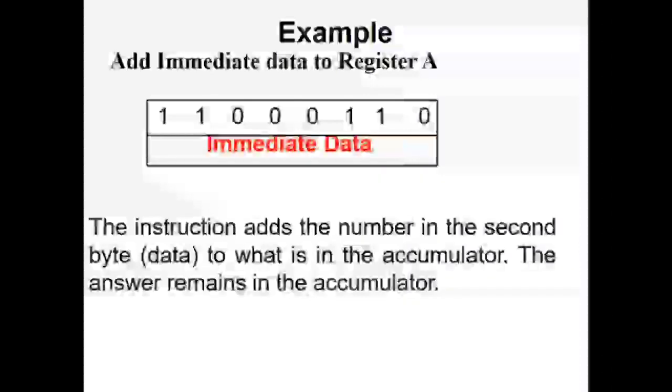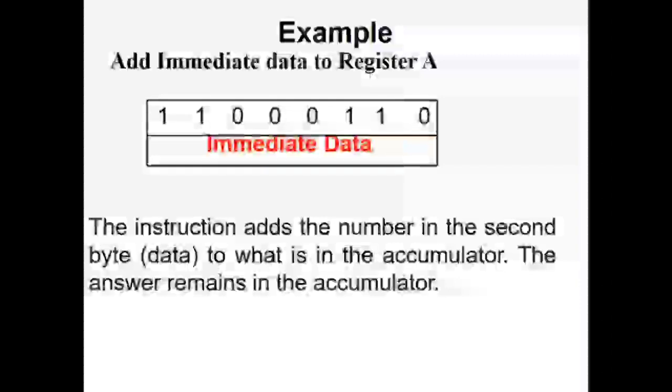Very good. Okay. Now, adding immediate data to a register. So someone can say, add 5 to what is in register A. Add 12 to what is in register A. Add 8 to what is in register A. So that one also has got 2 bytes. We have the data which we are adding to register A, and then the operation code.